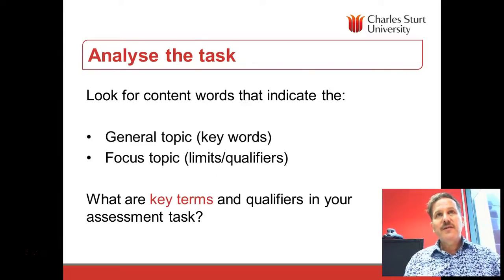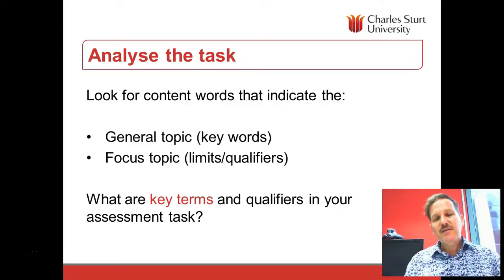The first thing you need to do to address an assignment task is analyze the task. Look at what the task is actually asking you to do. The first way to do this is look for the key words, the general topic words. What is the assessment about?